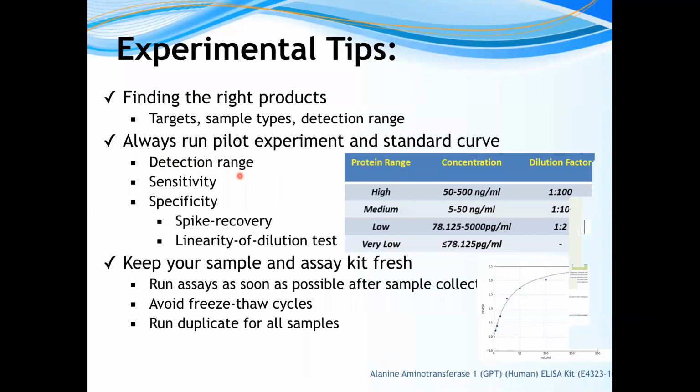If the customers are unsure about the concentration of the target in their samples, it is always good to select the kits with low sensitivity, high specificity, with low cross reactivity. This is not the accurate dilution or concentration, but just a broad overview.